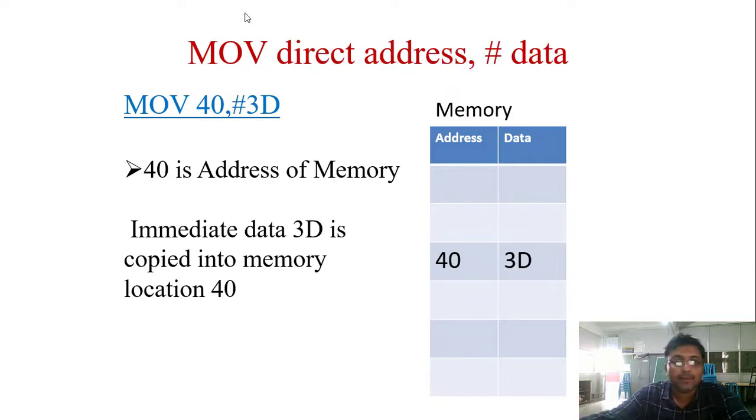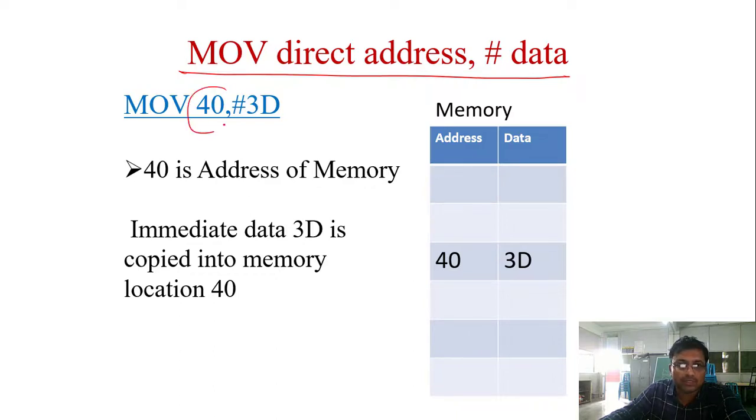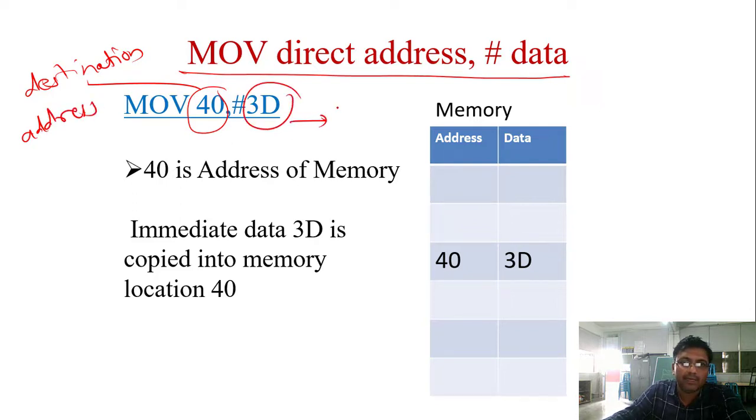Okay, next. If I write move direct address comma data, here again we can use immediate data to be copied to the direct address as well. So this is the destination, 40 is the destination address, and this is my immediate data.